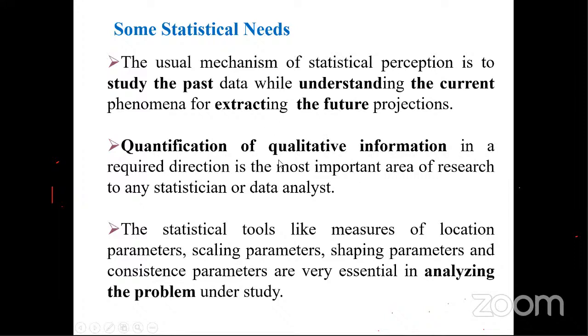When we are dealing with qualitative information, we cannot quantify it in a straightforward manner, so we use different statistical tools for quantifying it. These include measures of location parameters, scaling parameters, shaping parameters, and consistency parameters, which are essential.